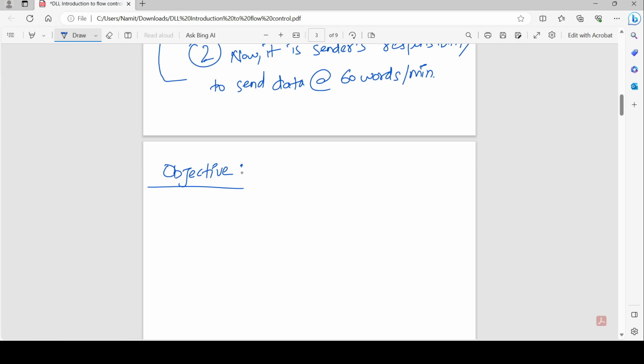We can identify the objective of flow control, that it is nothing but a speed matching mechanism. As simple as that.